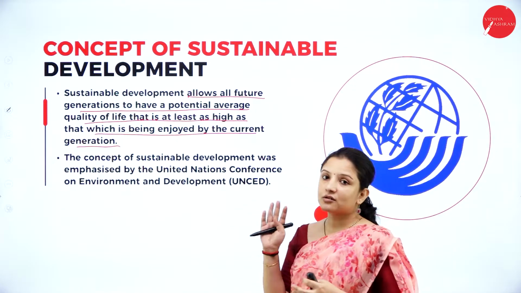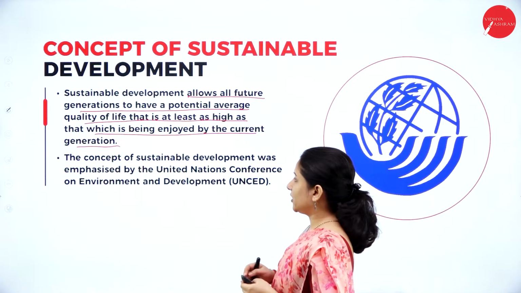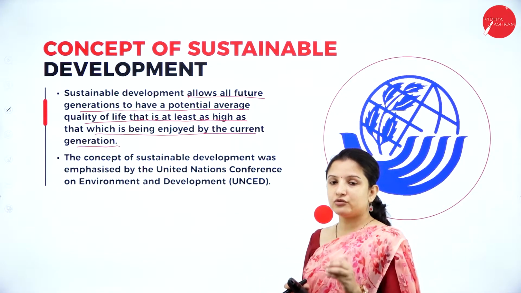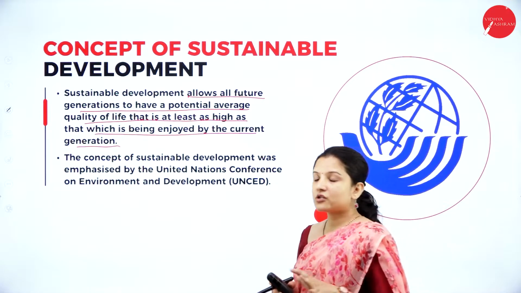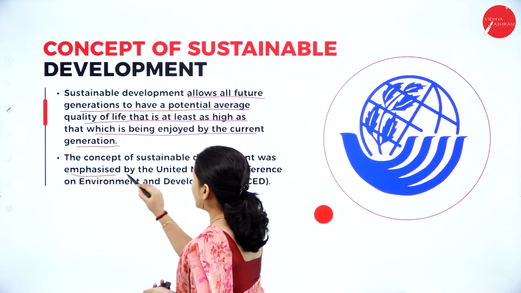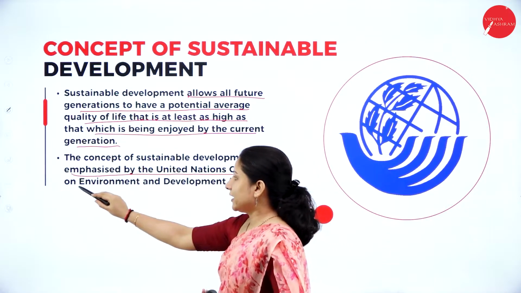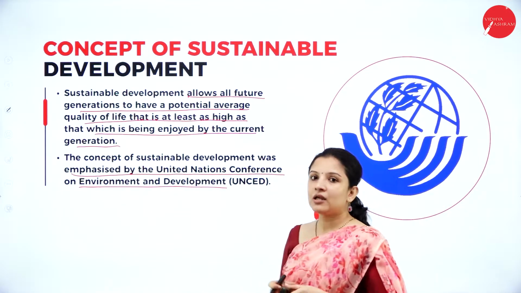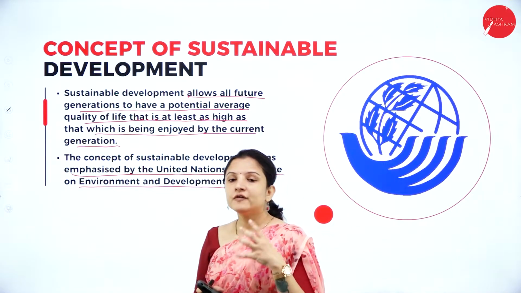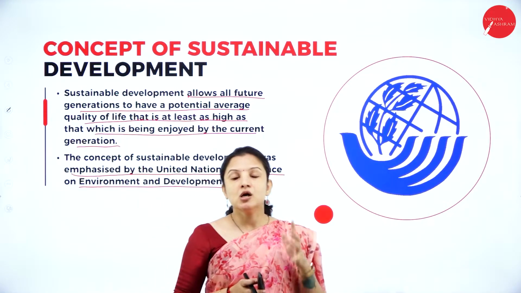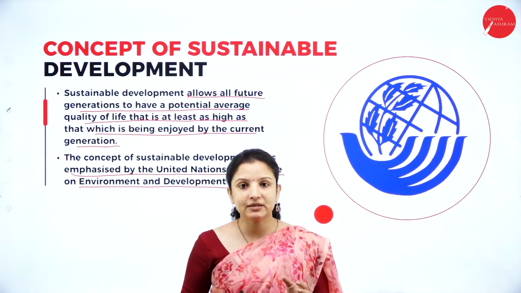So this is the basic concept of sustainable development. The concept was introduced, or given more importance, by the United Nations Conference on Environment and Development. That was the time when they put forth the idea of sustainable development. What can be done for sustainability? What can be done for sustainable development?